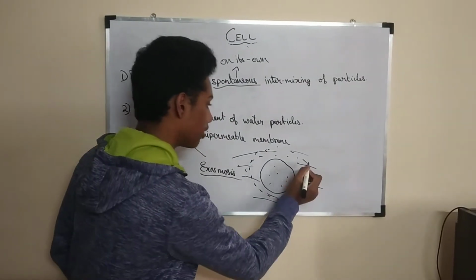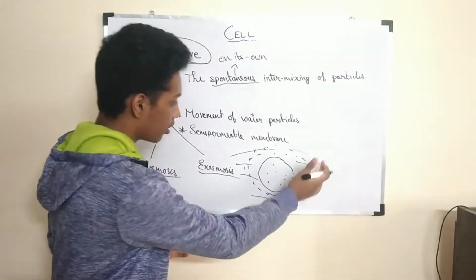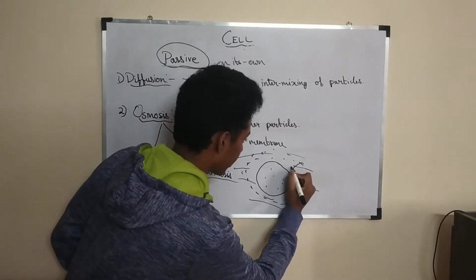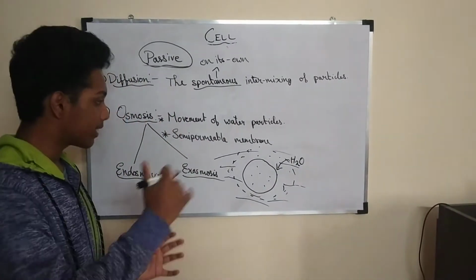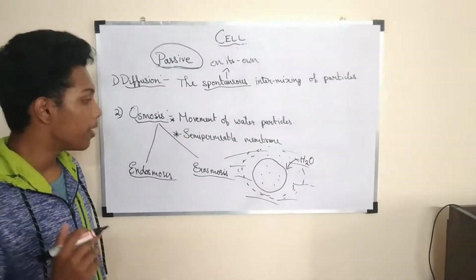Since it is higher outside, water moves from higher to lower concentration, so it moves inside the cell, H2O. This requires a semi-permeable membrane.